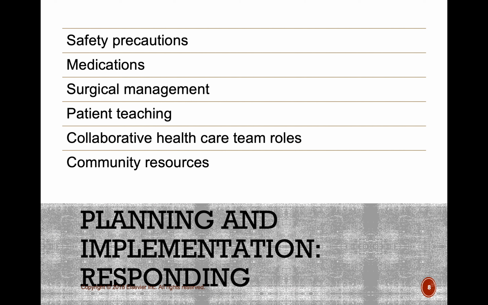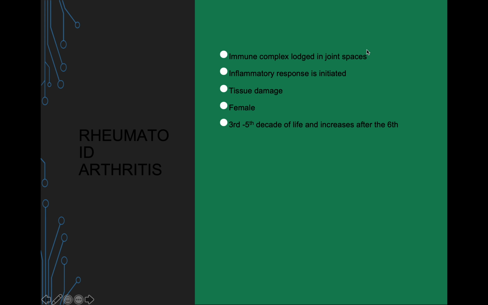We don't really do surgical management simply for osteoporosis, but what we're talking about here is more to do with, in the instance that somebody experiences a fracture, we might have to go in and do some kind of surgical intervention there.